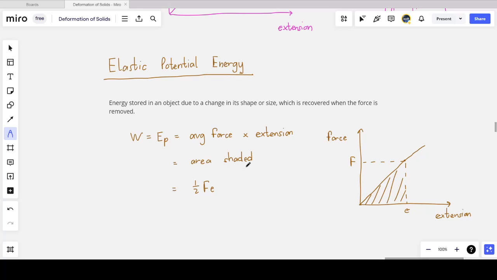A half of the force, the average force will be half of the final force. And so that's a half Fe. And the work done is equal to the potential energy stored. And so I can store an energy of a half Fe in the spring, which then can be converted to kinetic and other forms of energy when the potential energy is released.